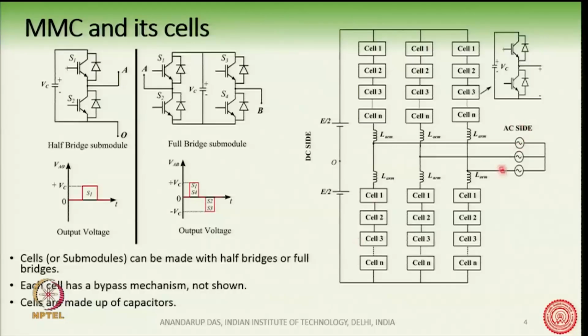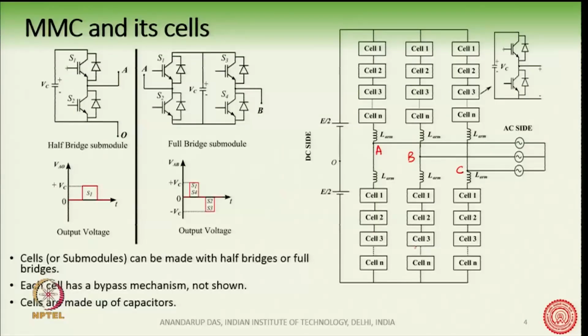Suppose we have the AC side here. This is A phase, this is B phase and this is C phase. The AC phases are connected like this, and in each phase we have an upper arm and a lower arm, and in each arm we have n number of half bridges.